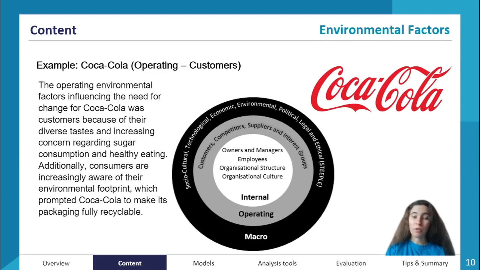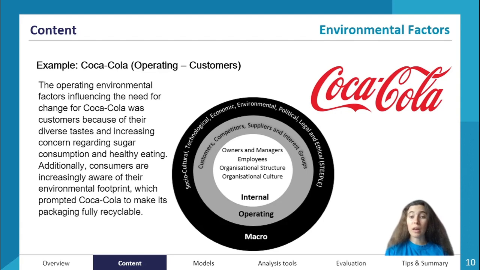macro environmental factor. And so here, Coca Cola had to make several changes, and some of those were around the products that it was going to offer in terms of making sure it was catering to those tastes and also the dietary considerations. Things like sugar taxes as well.